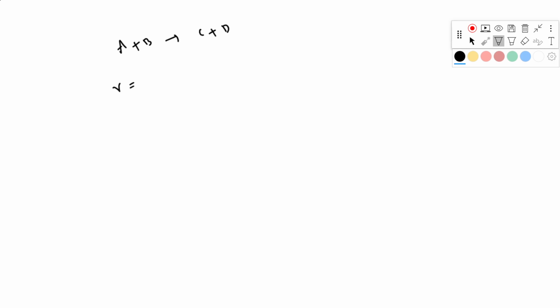Now the rate is equal to K into concentration A whole power minus 1 by 2, concentration B whole power 1 by 2. This is the rate. If I double the concentration, what will be the rate?